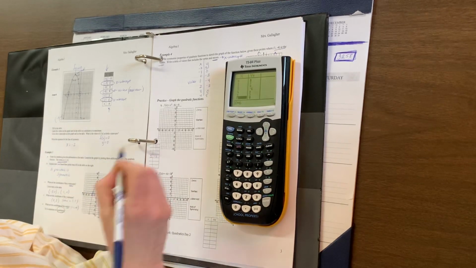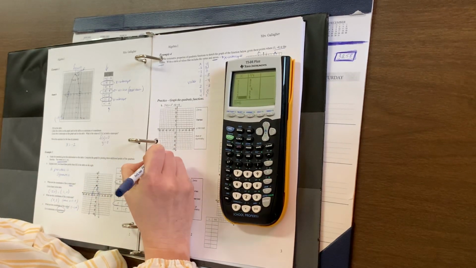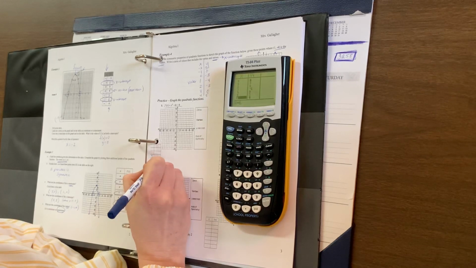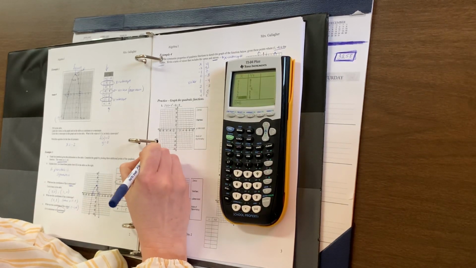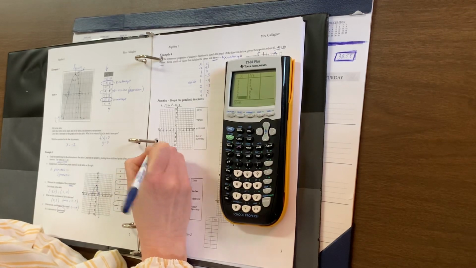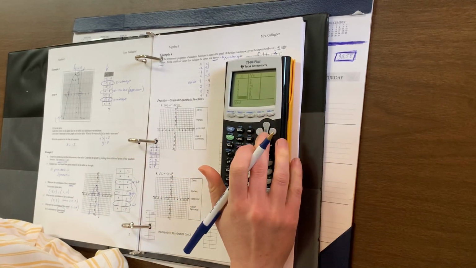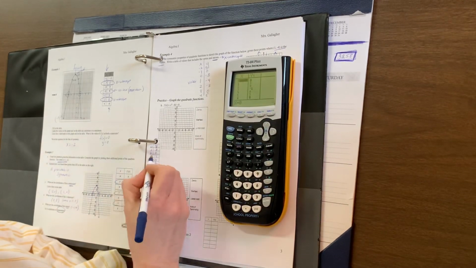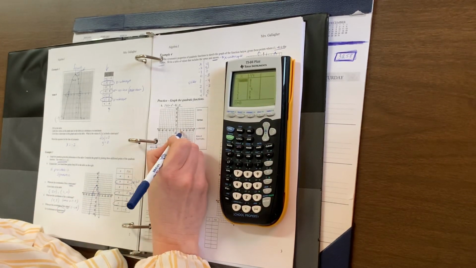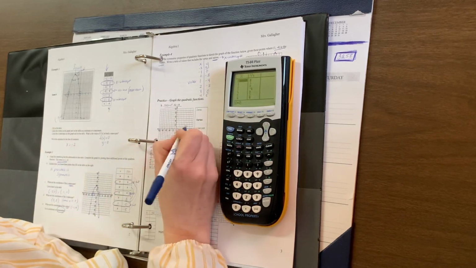Okay, so now 3, -1 goes there, 4, 0, 5, 3, 6, 8, 2, 0, 1, 3, and 0, 8. Just to check. Okay, that one's not going to fit on the grid. So that's plenty. There is 3, -1.